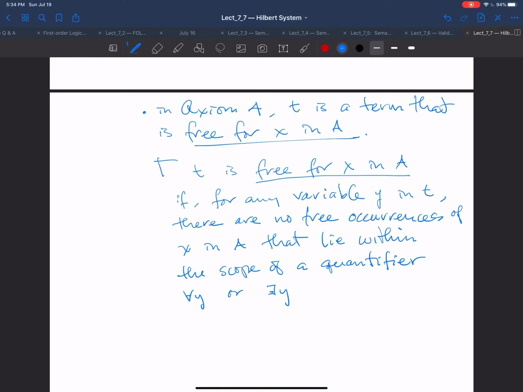Okay. So for example, let's say that A is for all y, P(x, y). And let's suppose that the term t that we propose to substitute for free occurrences of x is y itself.